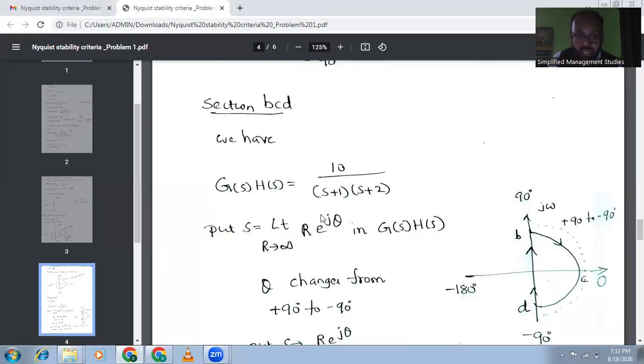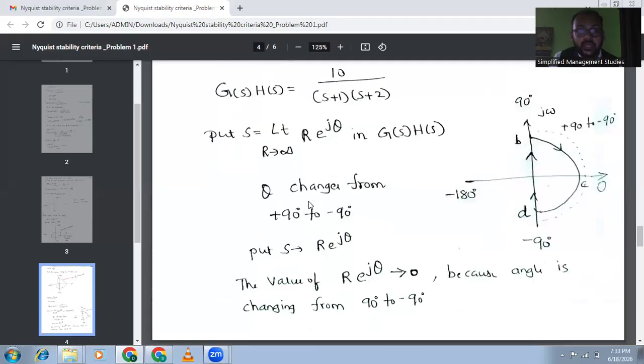Wherever you see s, you have to replace it with this. Remember, theta varies from plus 90 to minus 90 degree. You can check the polar plot corresponding to the type 0 system, where theta varies from minus 90 to plus 90.